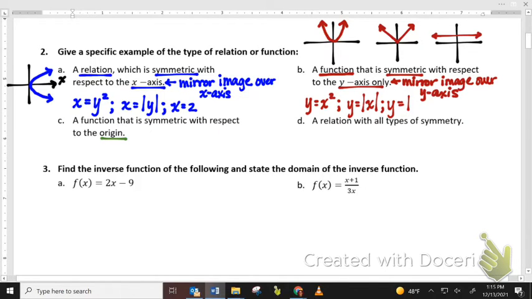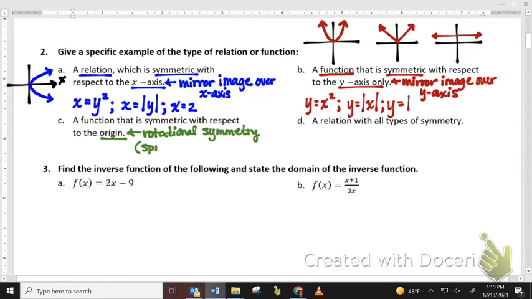Symmetric with 0, 0. We also call this rotational symmetry. Rotational symmetry is if I spin it 180 degrees, it looks exactly the same.